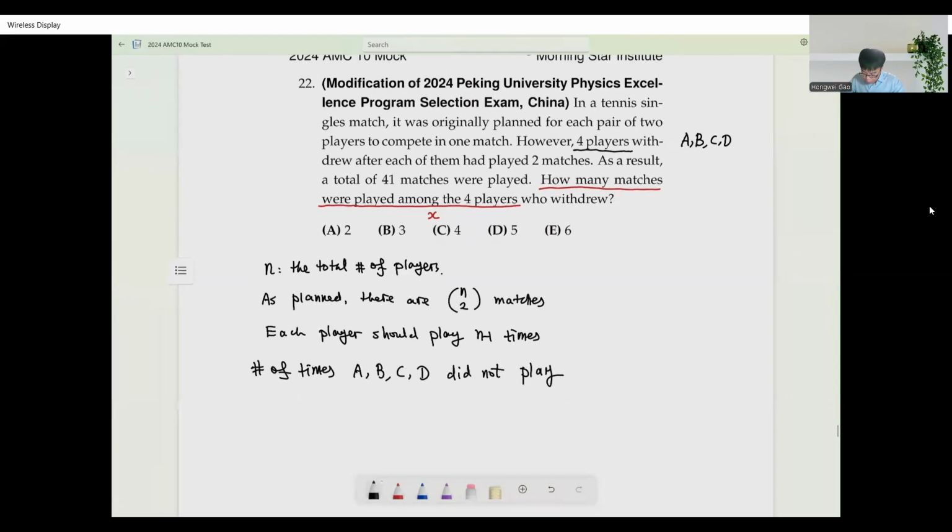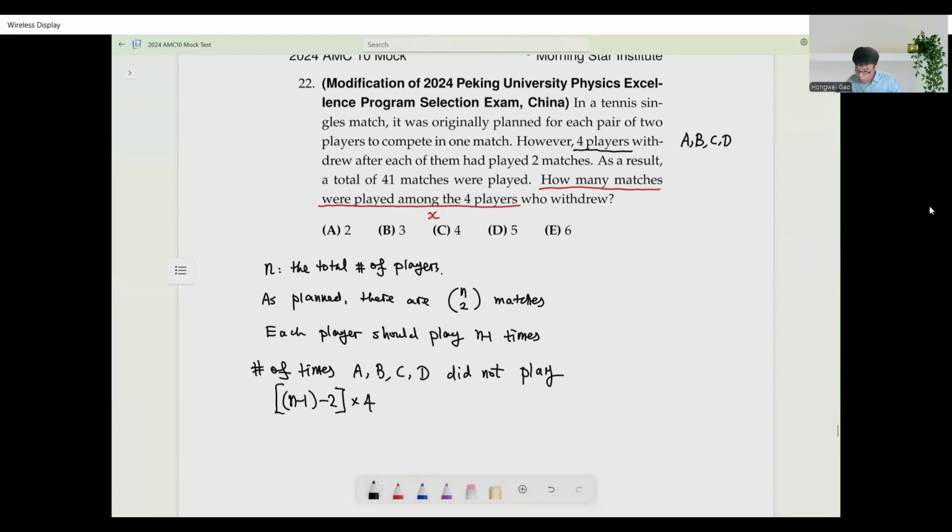Each person is supposed to play N-1 times, but they actually only play twice. So each person didn't play N-1 minus 2 times. And there are 4 players. Let's multiply by 4. This is the total number of times they did not play.